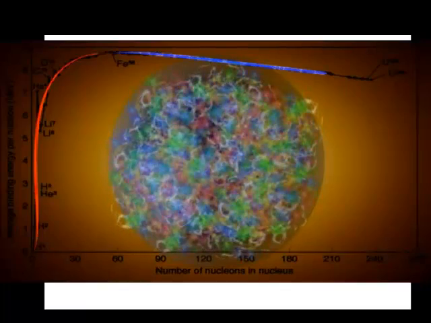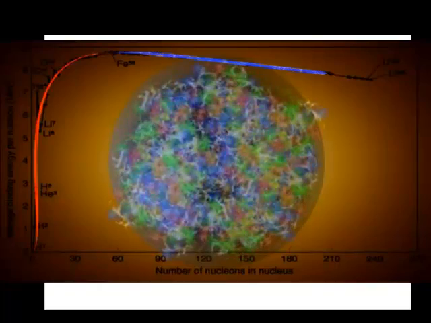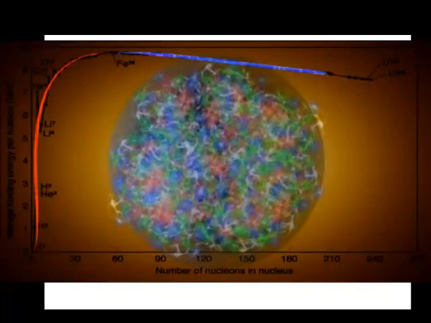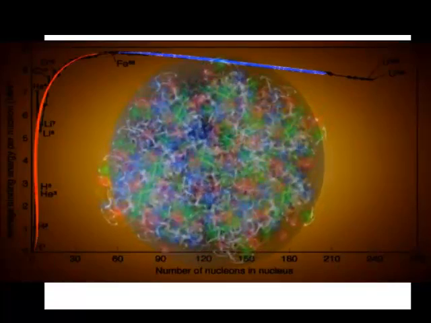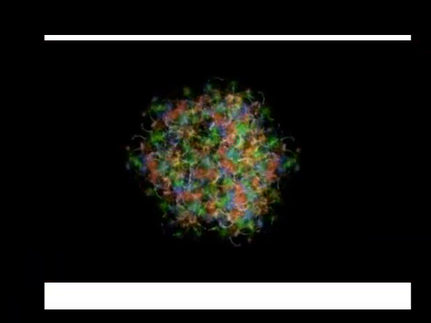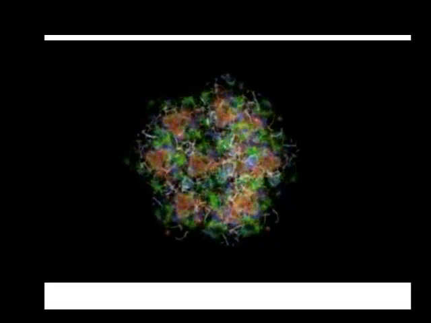When we get to lead and bismuth, and the nucleus contains 207 nucleons, the electric force wins, and the atomic nuclei larger than this are unstable and come apart by themselves, although it may take a while. These larger nuclei can return to more stable arrangements in several ways.